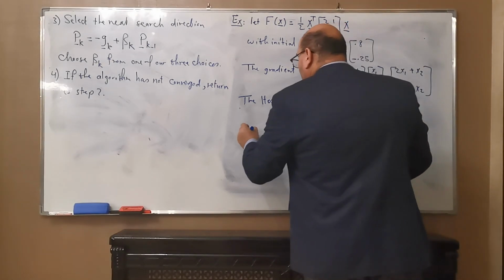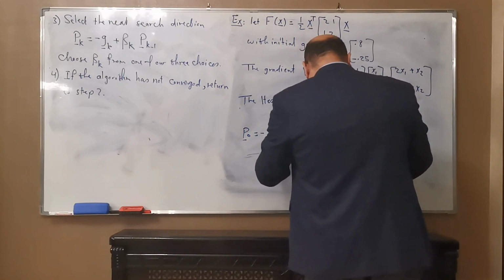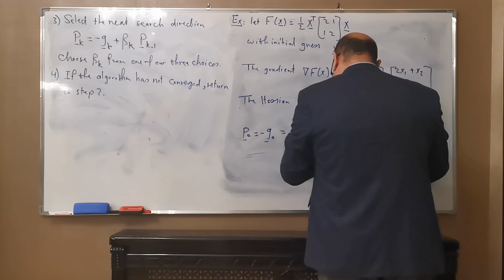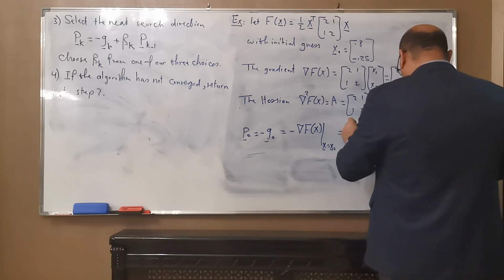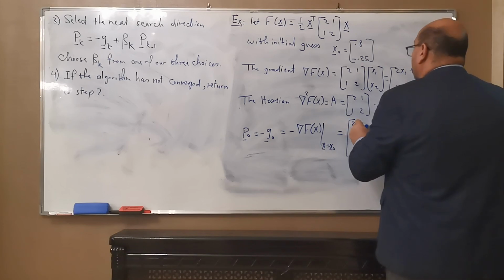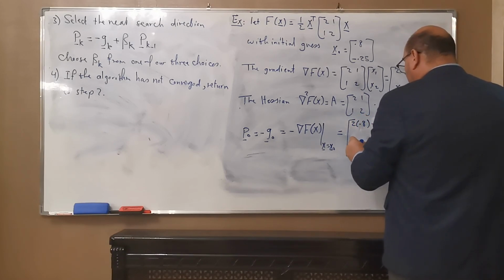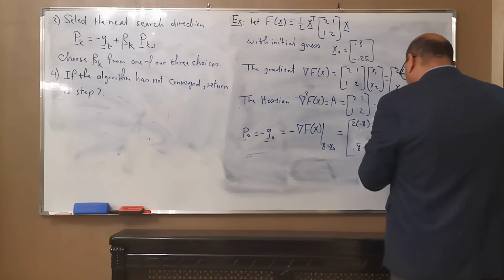Now our first step is P0 equals minus g0, which is minus the gradient of f(x) at x equals x0. So this equals 2 times 0.8 minus 0.25, and here is x1, which is 0.8 plus 2 times minus 0.25.